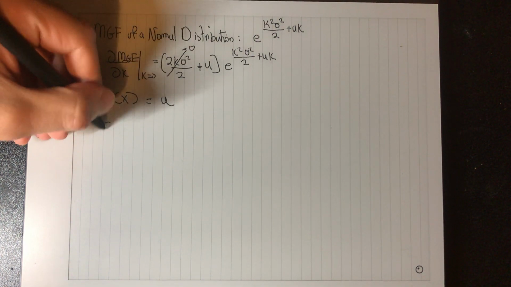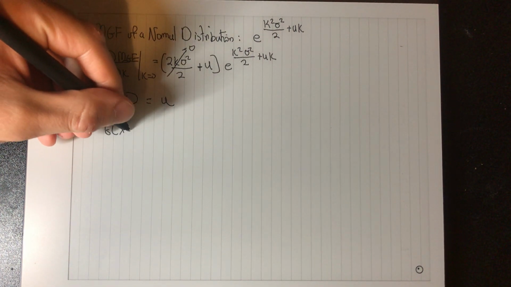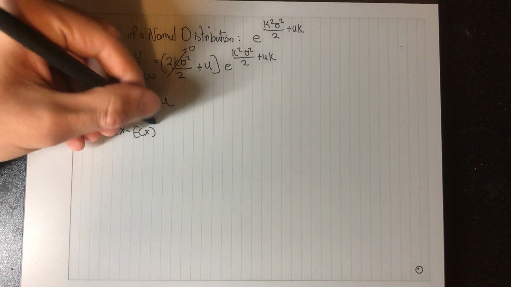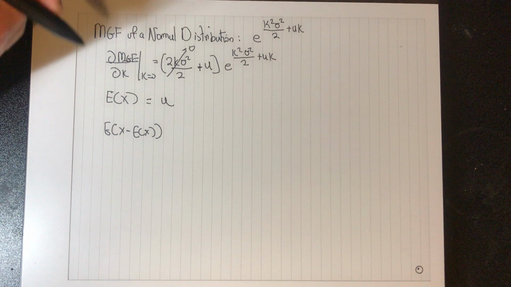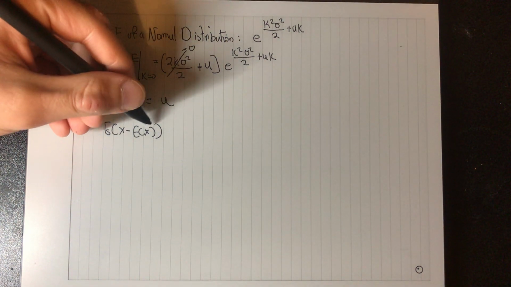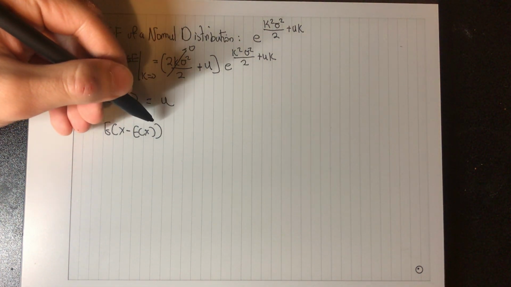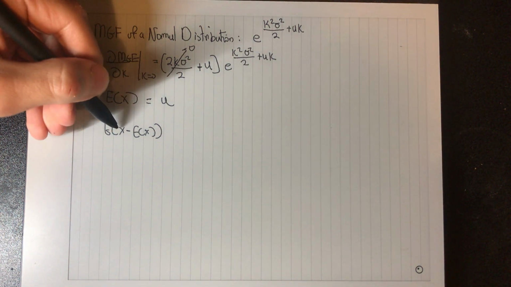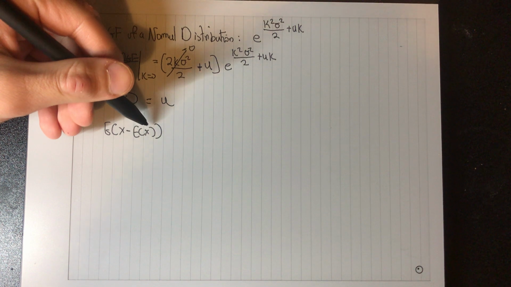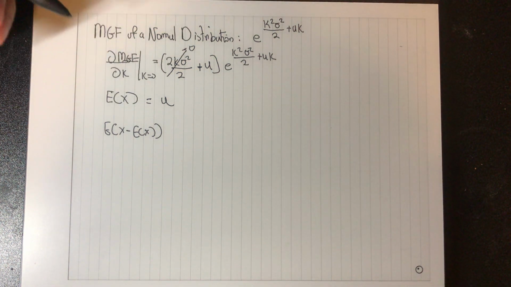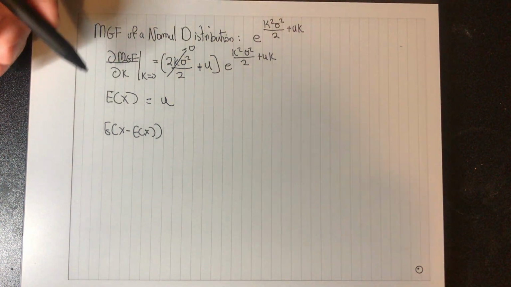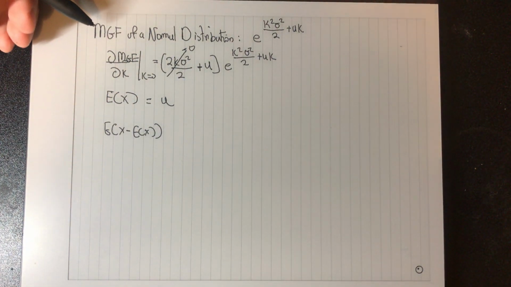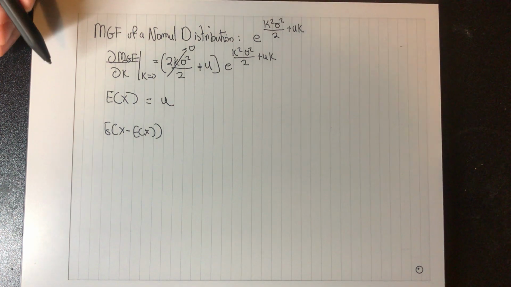So, for example, we would be able to get the expectation of x minus the expectation of x, and that would basically allow us to evaluate things such as variance more easily, rather than just having the raw moments.